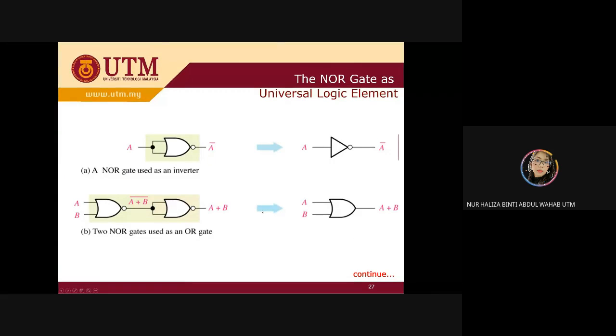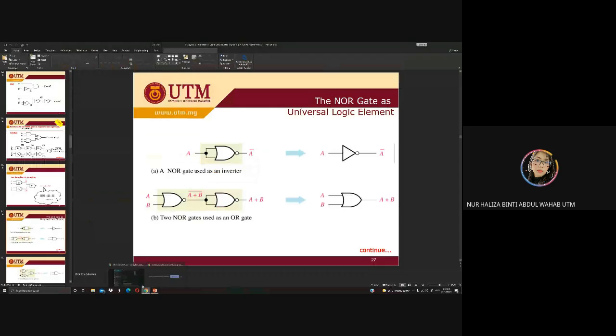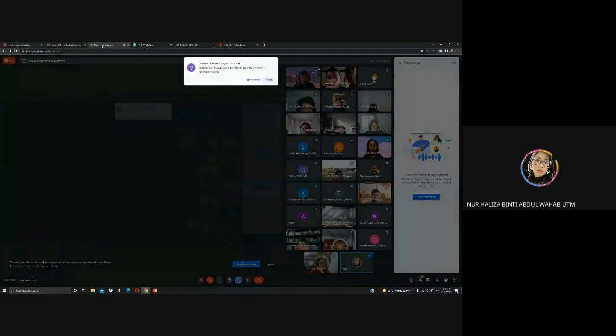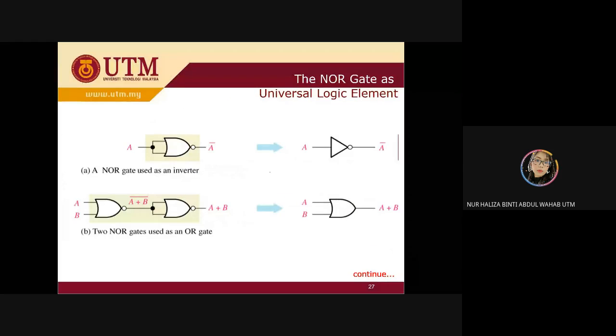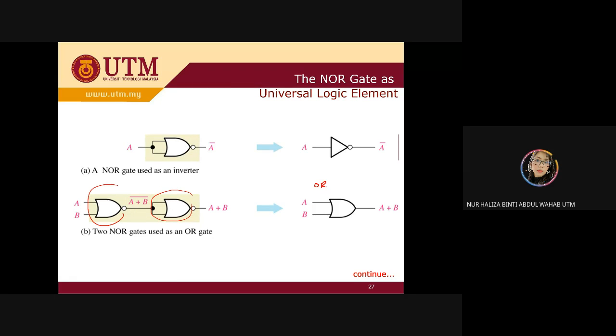Okay, so similar also at your NOR gate here, you can see you can have the NOR gate connection. It's just a bit different in terms of connection, and it can be represented as a NOR gate. And in terms of two connections of NOR gate, it's going to be OR gate. But just now, when you have two NAND gates, you're going to have AND gate. So that is the only difference.